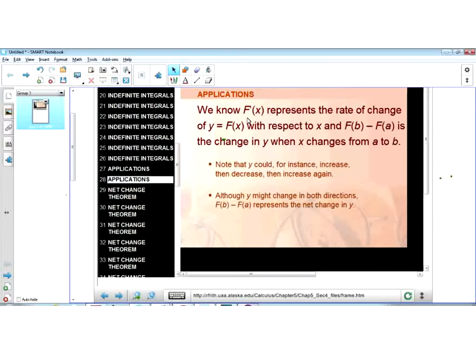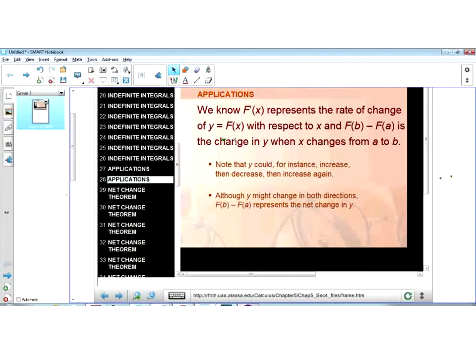Some applications. f prime of x represents the rate of change of f of x with respect to x. So f of b minus f of a is the change in y when x changes from a to b. Although y might change in both directions, increasing and decreasing and increasing again, f of b minus f of a represents the net change in y.